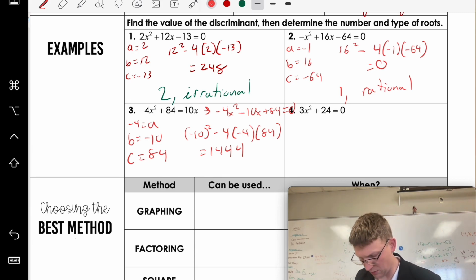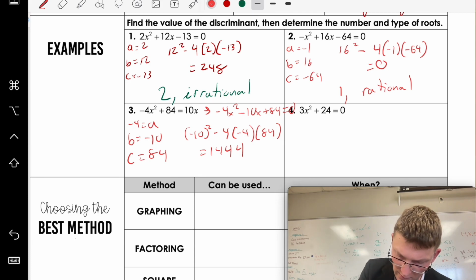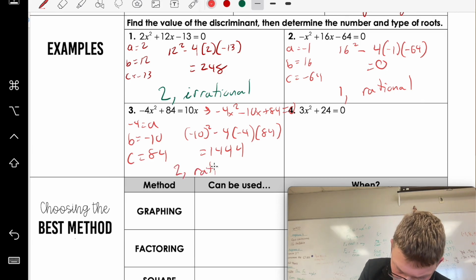I'm going to take the square root of that to see if it is a perfect root, and it is. So it is a perfect root, so I'm going to say we have two solutions and they are going to be rational.